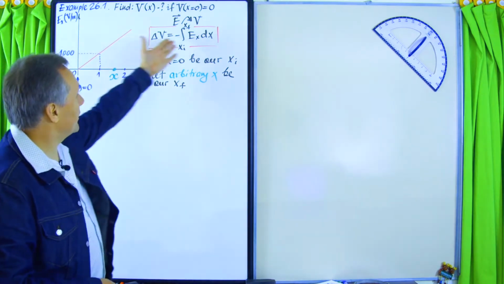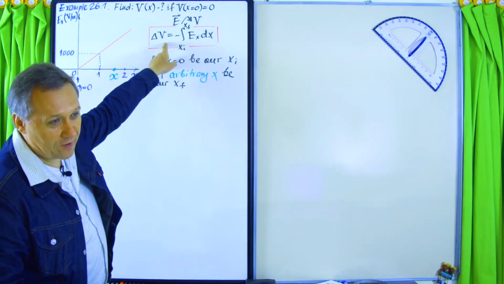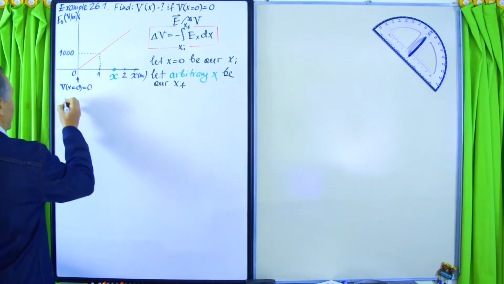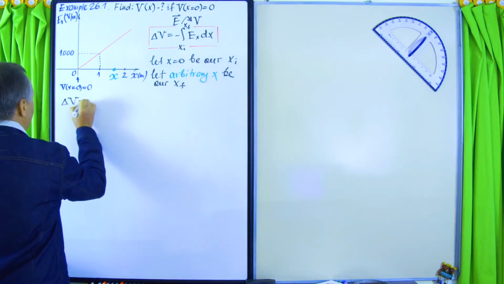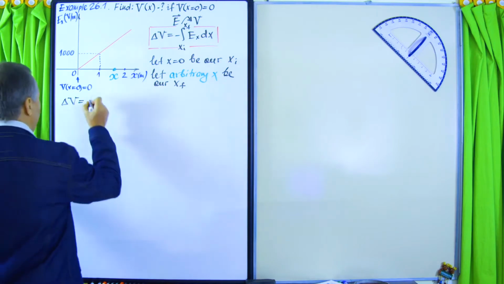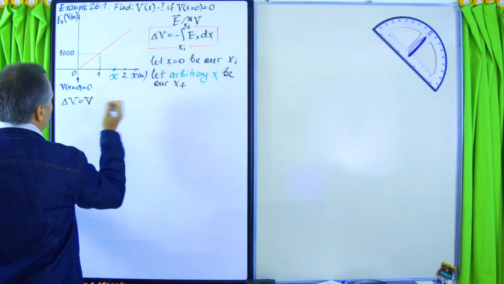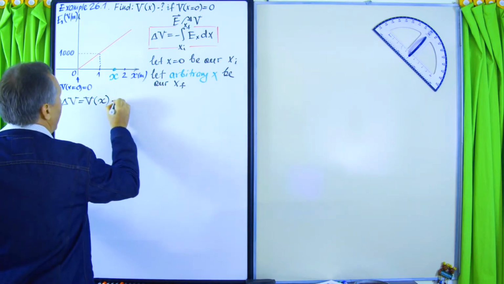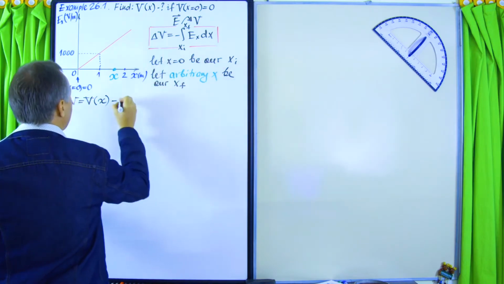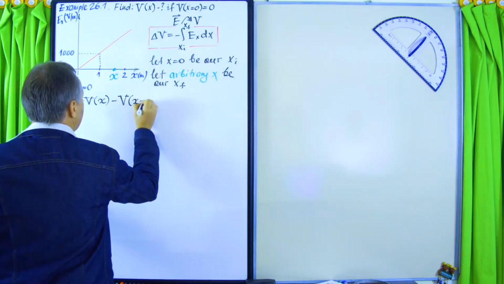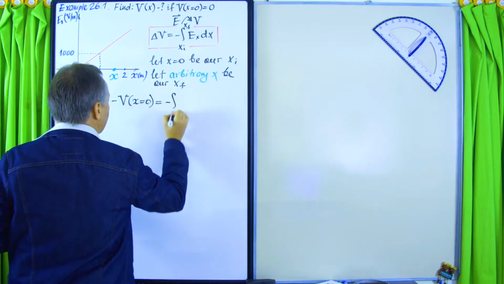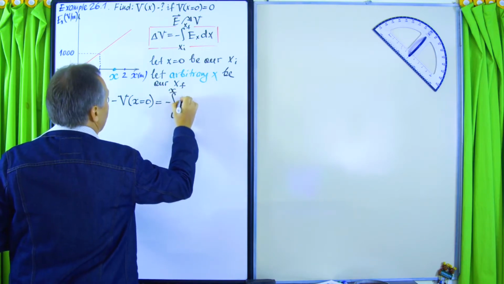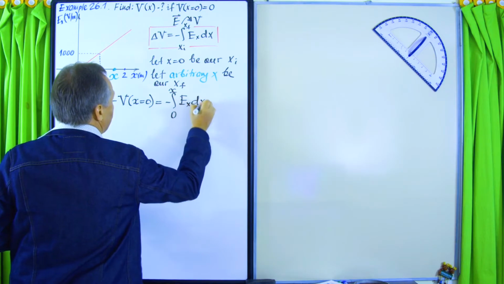And so as a result, now we can start writing explicitly this formula, this bridge, for the chosen points. So now, let me write delta v, which is v at the final point, at x, an arbitrary x, minus v at the initial point, v at x equals 0, equals minus the integral from 0 to x of e sub x dx.